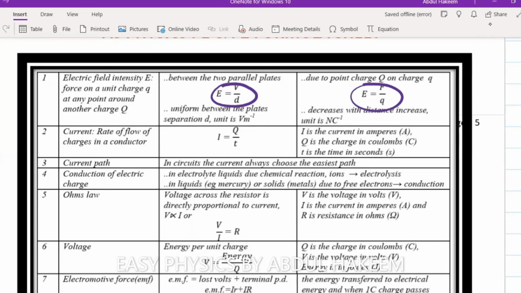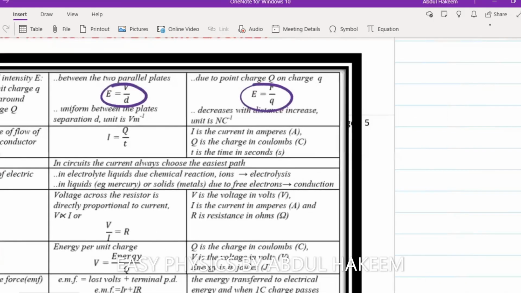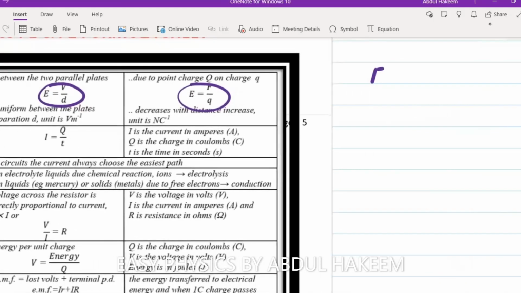Then the electric field drawing, radial field, isolated charges, then electric field between the two plates, uniform field, and calculation of the electric field. E is equal to V divided by D. V is the potential difference between the two plates and D the separation.